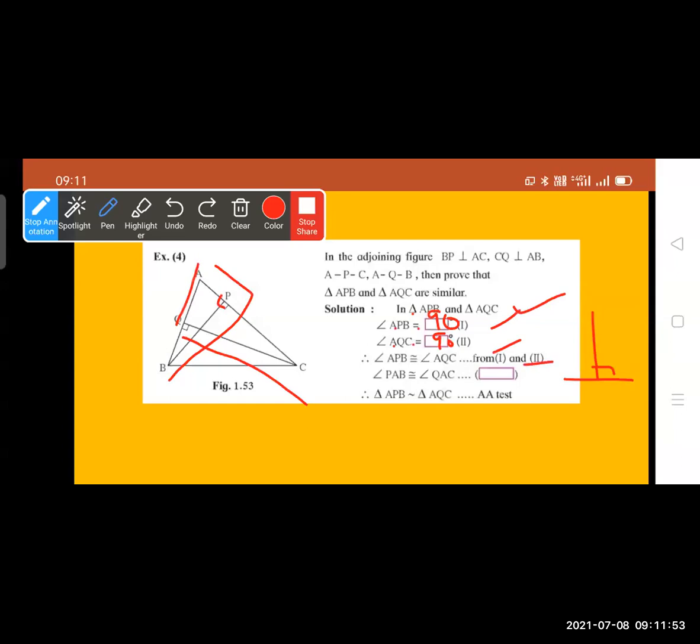Then the second condition. We write angle PAB and angle QAC. In both we write 90 and 90, and PAB and QAC is the common angle.